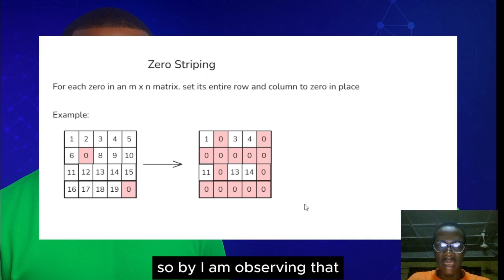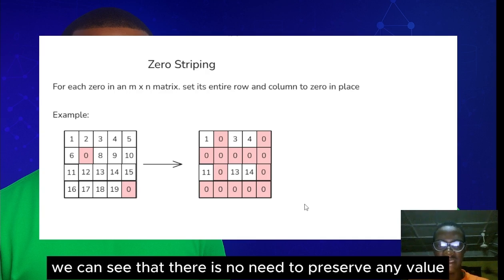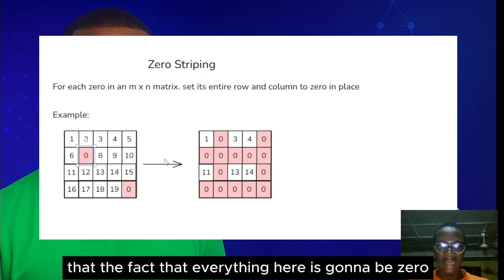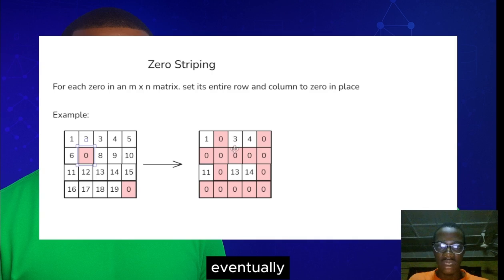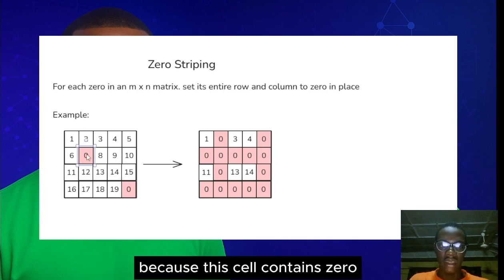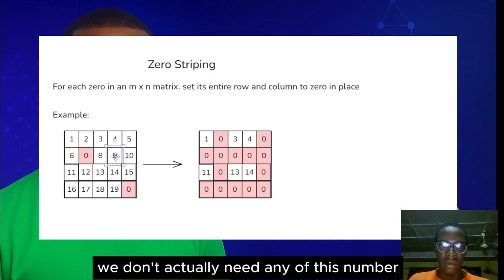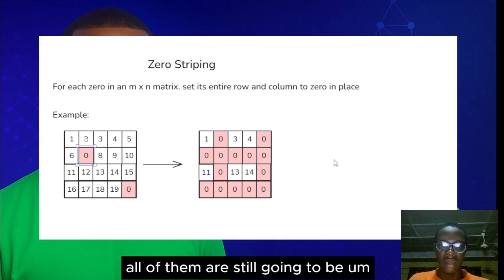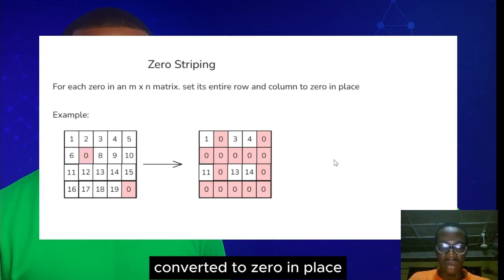So there is no need to preserve any value in that row and column, meaning that everything here is going to be 0 eventually, and everything here as well, because this cell contains 0. We don't actually need any of these numbers as far as there is a 0 here. All of them are still going to be converted to 0 in place.